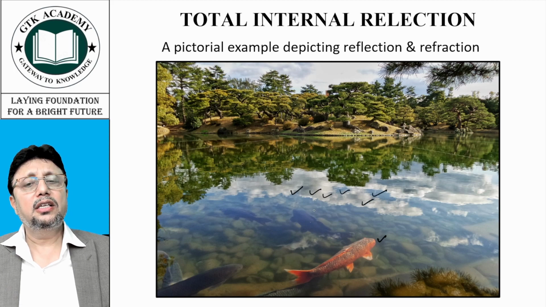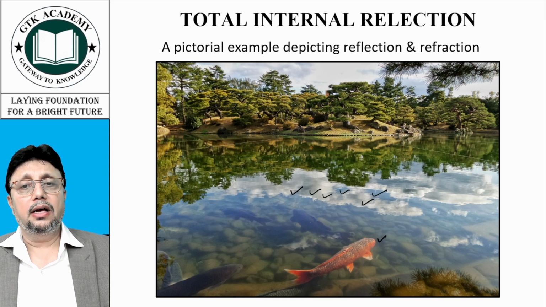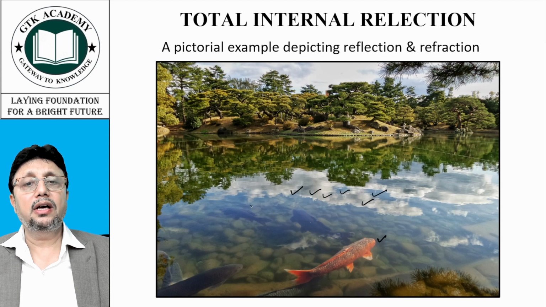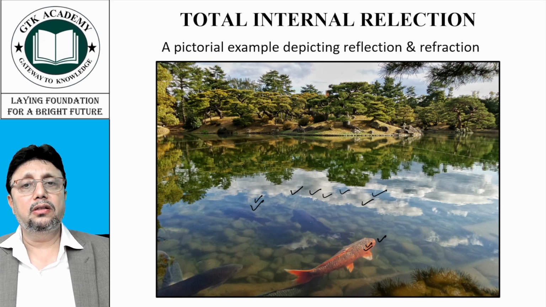This is because of the reflection of light. The light rays coming from objects like trees and clouds are falling on the surface, and from there they are reflected. That is the reason we are able to see the reflection, and also at the same time we are able to see the refraction. So light is reflected as well as refracted. I hope that this makes it pretty clear to you.